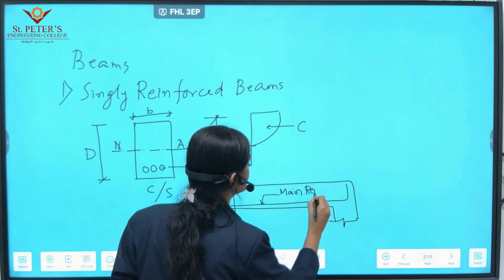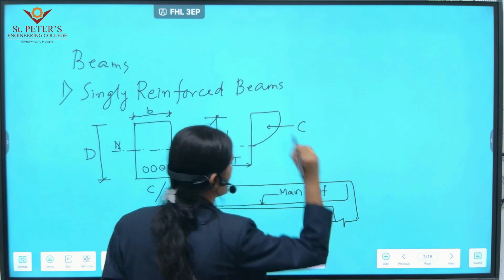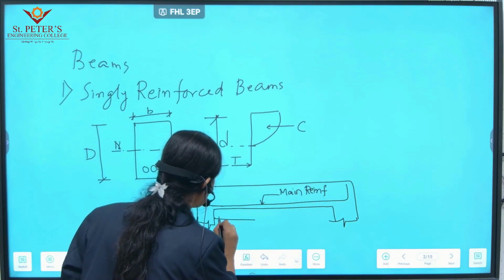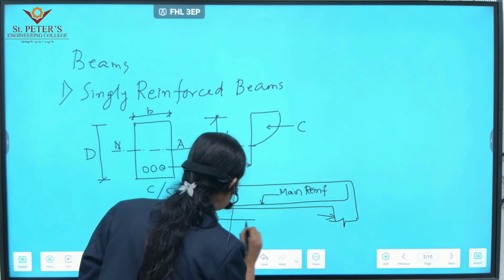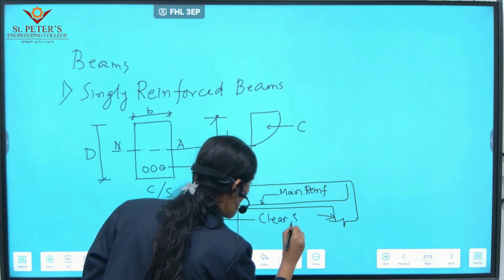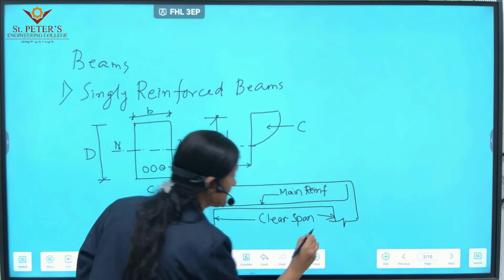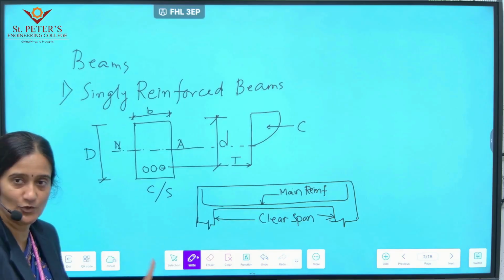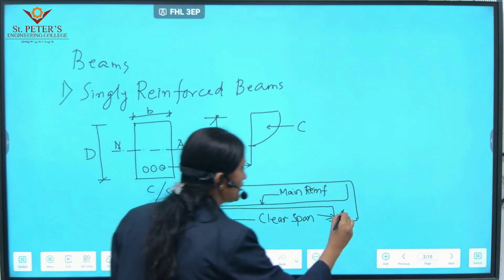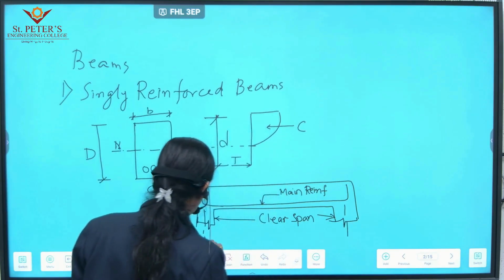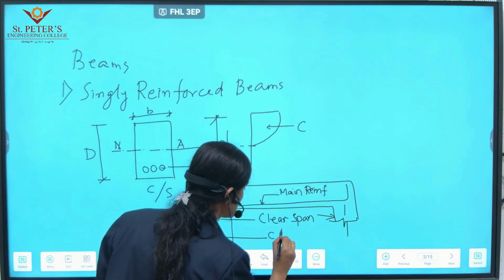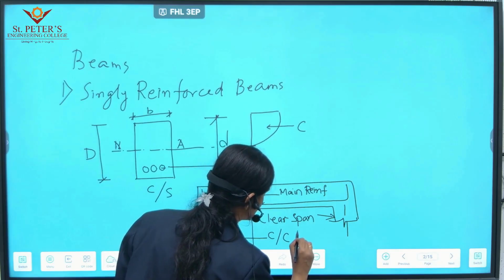This is the cross section. The clear distance between the two supports is known as the clear span, and the distance from the center of one support to the center of the next support is known as the center to center distance of the beam.